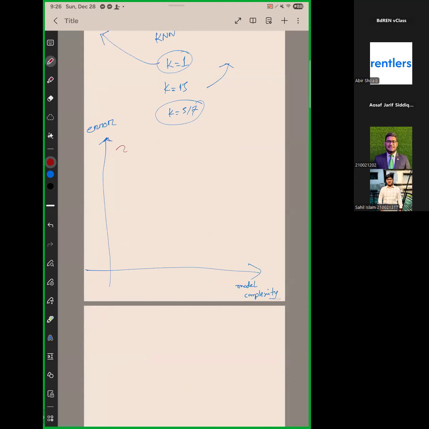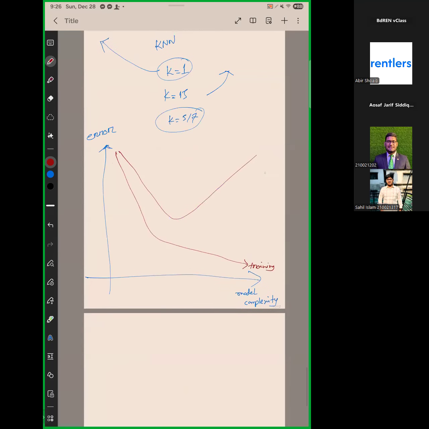So in the y-axis you have the error, in the x-axis you have the model complexity. You have this, okay, this is for training, and you have this, okay, this is, let's say, for testing. Then this scenario in the middle is your optimal scenario.